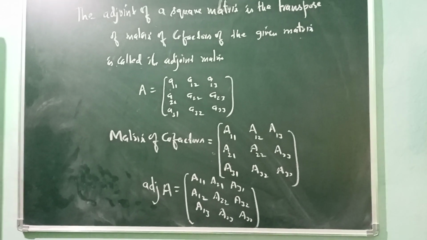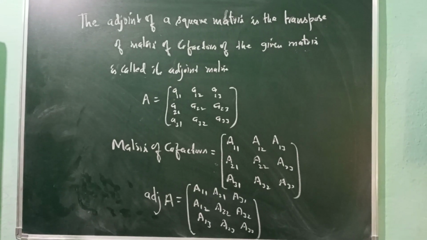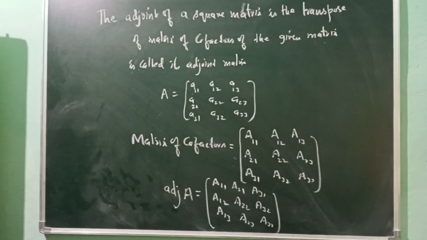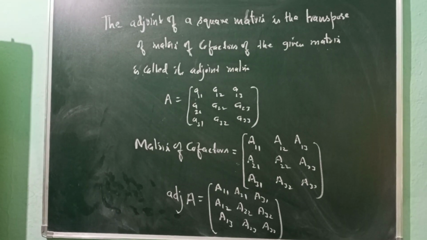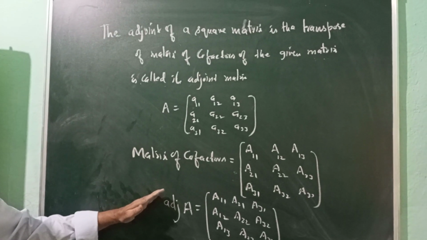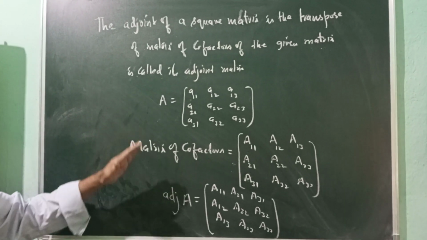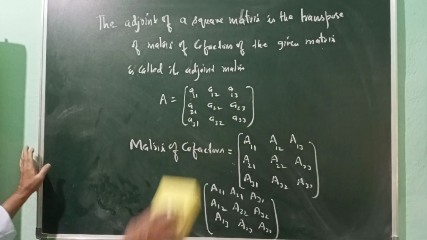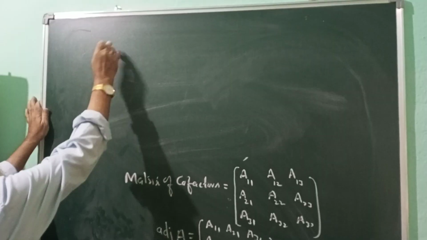Theorem. Now we prove a theorem: A into adjoint of A, or adjoint of A into A, is equal to the determinant of A into I. So let us consider this.